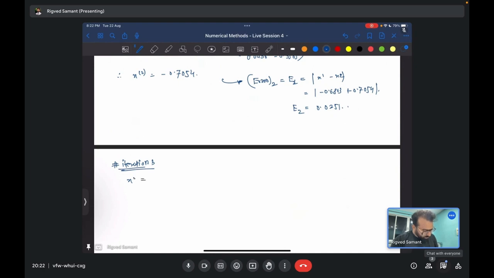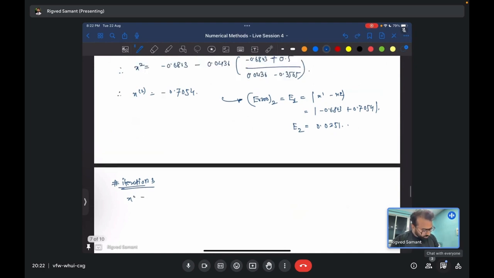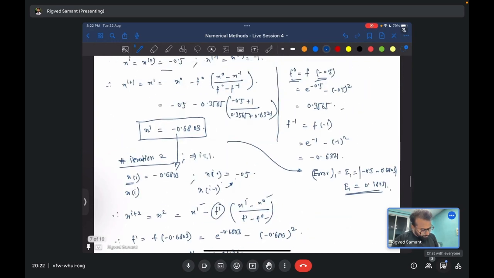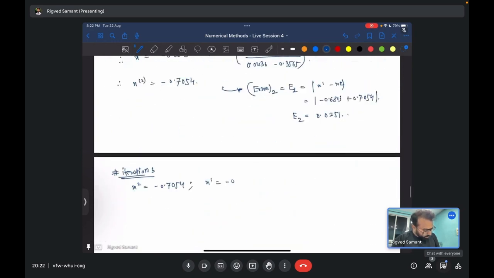To find x3, x1 and x2 only you will consider, okay? x2 is nothing but minus 0.7054, x1 is nothing but minus 0.6803. Therefore x3 is equal to x2 minus f2.